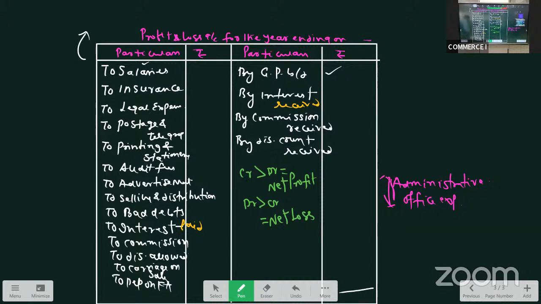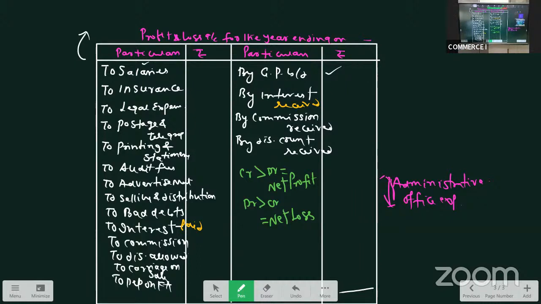For your reference, a format of the P&L account is given on page number 255, where the segregation is done properly, but you don't have to follow any order.